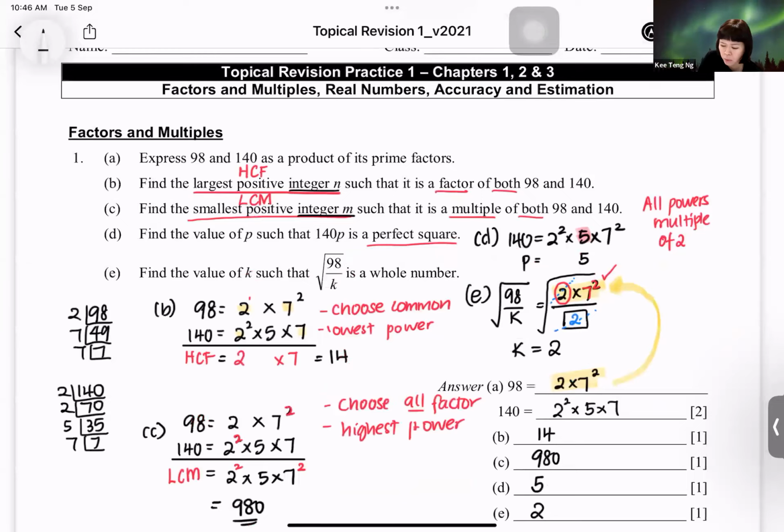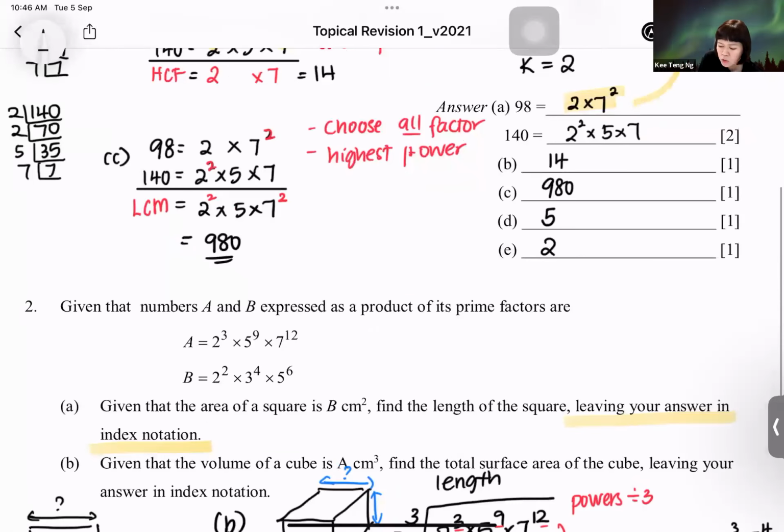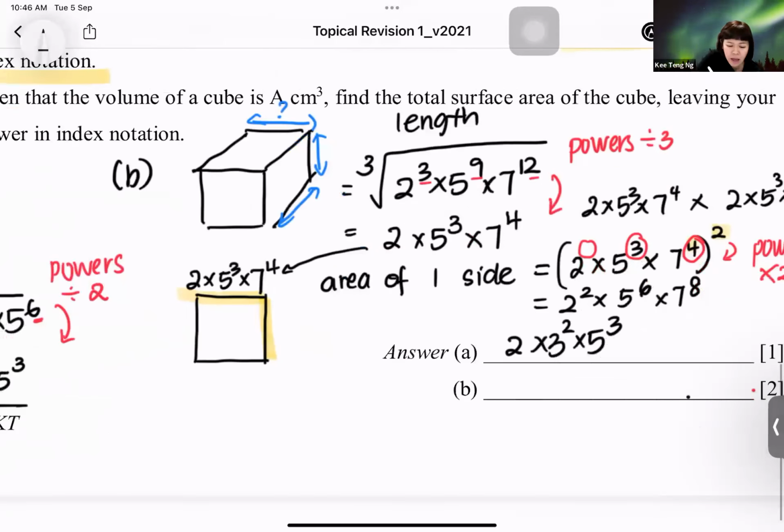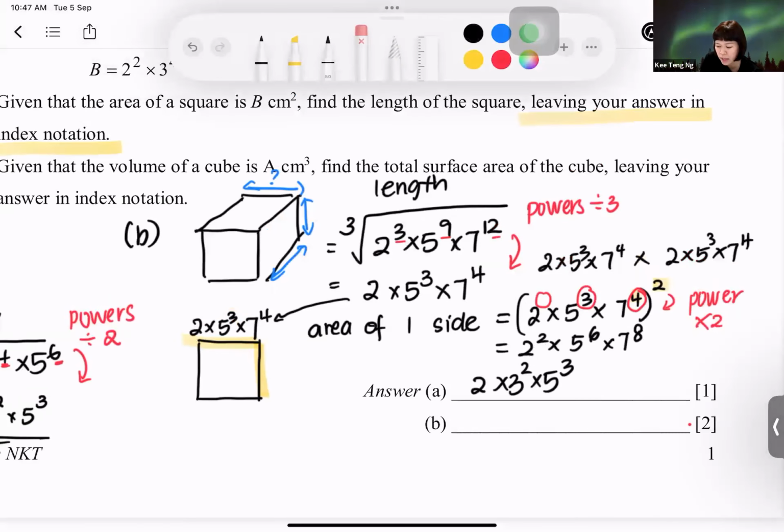Revision Practice Paper 1. Okay, so now I've got the area of one side. But for a cube, how many sides does a cube have?